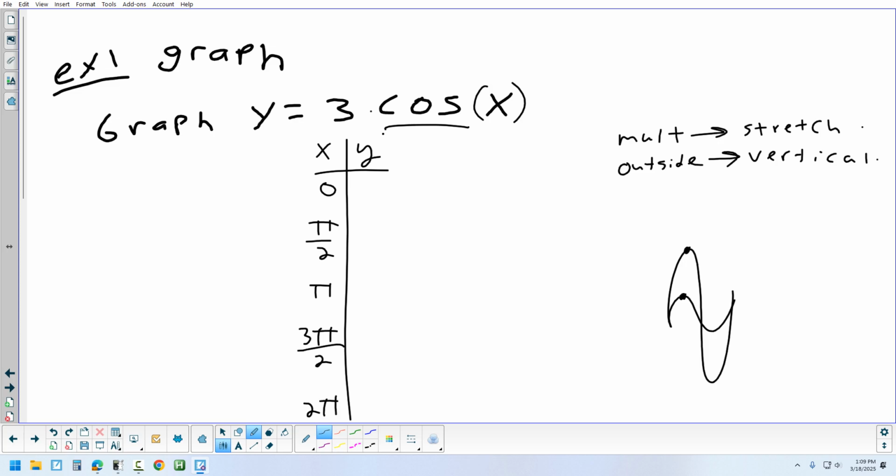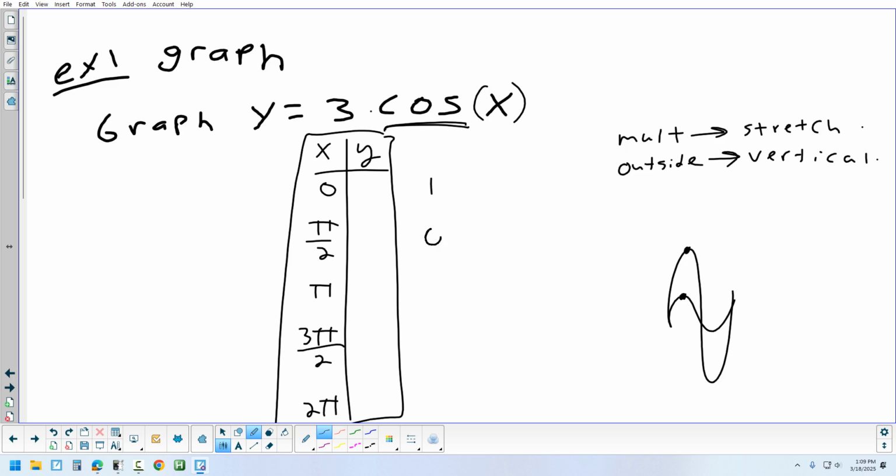Okay, so we're going to put all our answers in this table. Off to the side, I'm going to put my original values. What are my original y's for cosine? 1, 0, negative 1, 0, 1. Okay, now we need to modify all those values. What are we going to do to all these values? Multiply by 3.